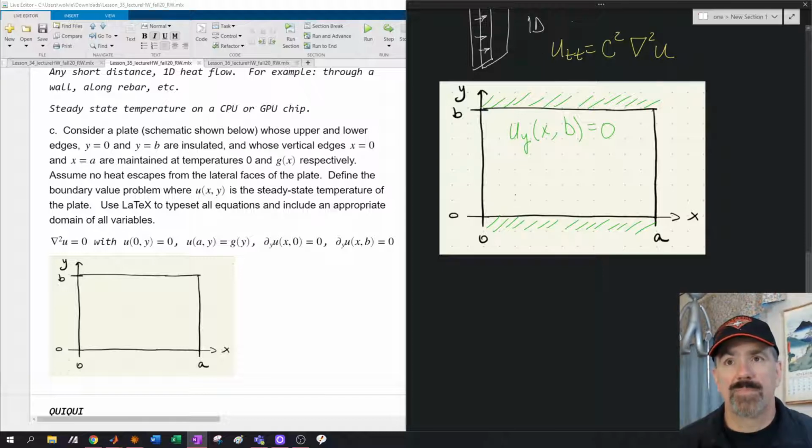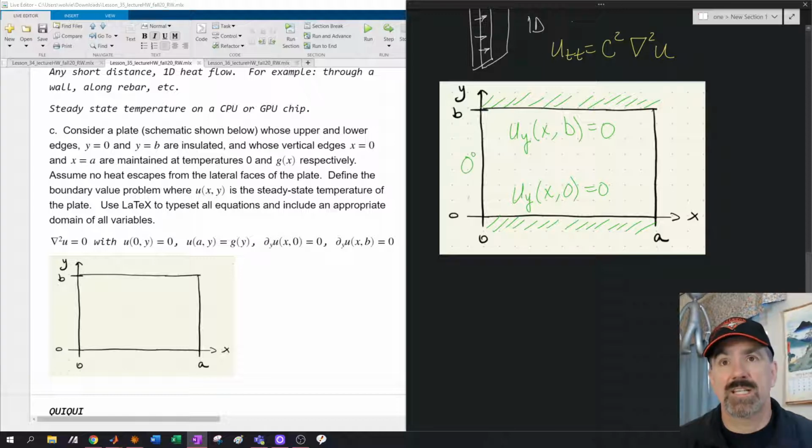Similarly then, I would have u partial with respect to y, for all x values, y is equal to 0, is equal to 0. Now I have the conditions where x is equal to 0 and x is equal to a, and it tells me along the edges where x is 0 and x is a, the temperatures are maintained at 0 and some function of x respectively.